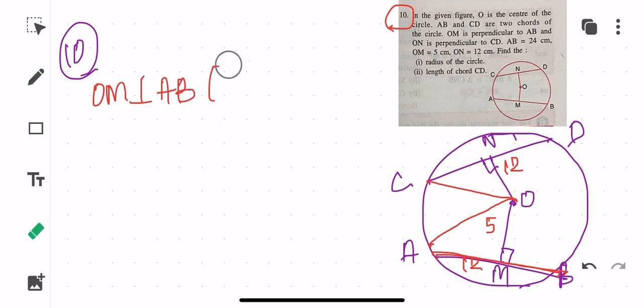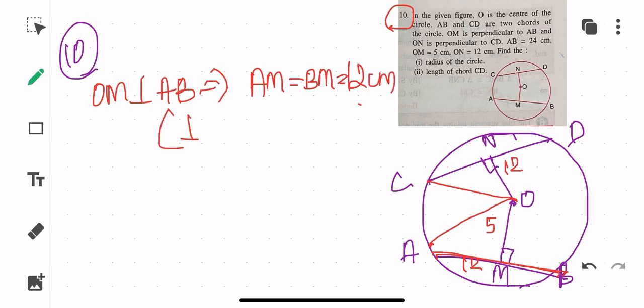This is already given, so no reason for this. So what you will be writing, this implies that AM will be equal to BM, and this in turn will be equal to half of 24, that is 12. Okay, so I am writing directly 12, you will be writing half of 24, and then you have to write down the reason that perpendicular from the center of the chord bisects the chord.